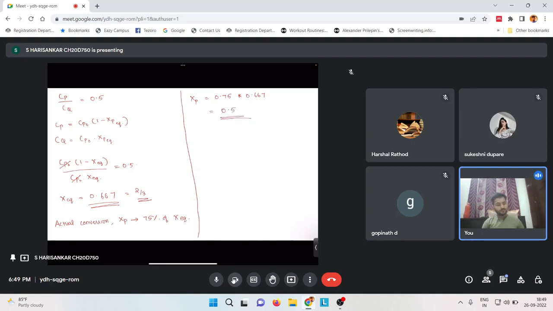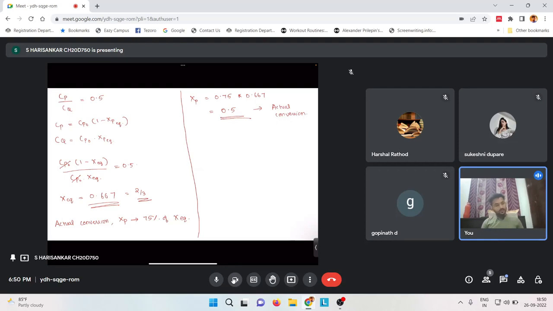So the actual conversion here is 50%. Right. So far what we have done is we took the rate equation at equilibrium and found the equilibrium conversion for this given reaction, which is 2 by 3 or 0.667, and from that we found the actual conversion Xp as 75% of equilibrium conversion, and that is equal to 0.5.